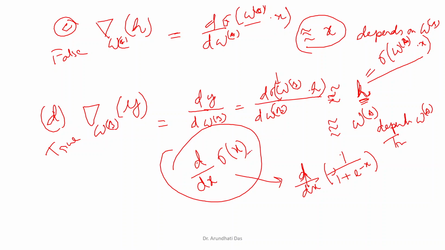When I write sigma of x, the meaning is that the inside function is 1 by 1 plus e to the power minus x.